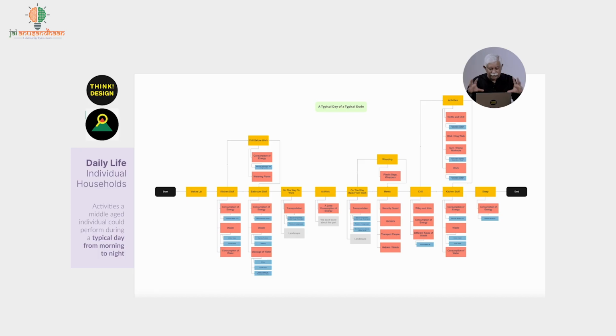Okay, so, it is a very nice map which kind of shows you what happens in a typical day with respect to an individual who lives in this particular society. And there are a lot of takeaways if you study this and you can pinpoint where exactly sustainability interventions could be made.